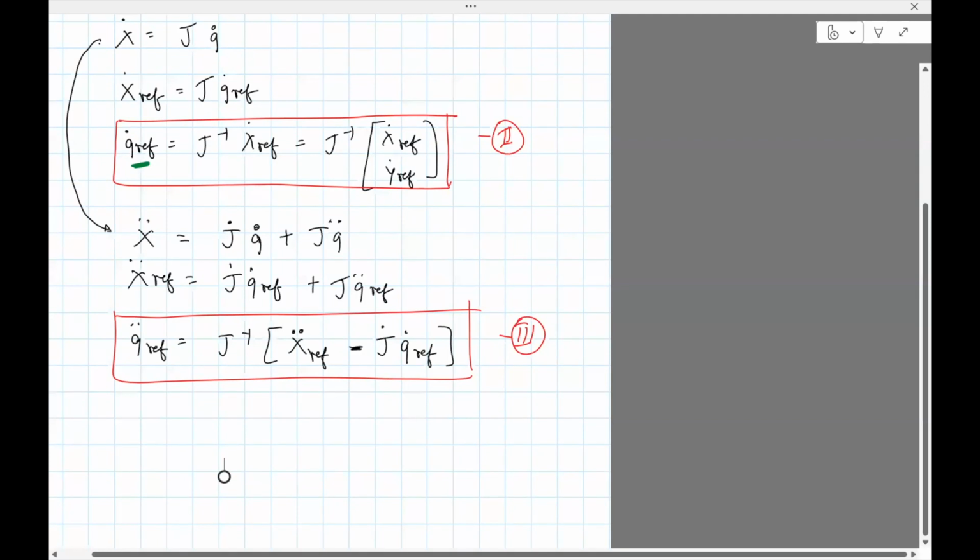Now we have everything we need in order to solve this.